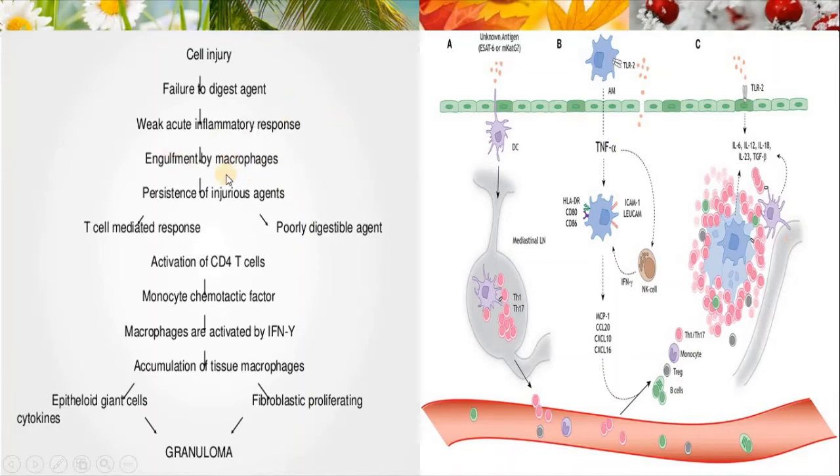So engulfed microorganisms like Mycobacterium tuberculosis within the macrophage remain intracellularly for a long time and proliferation occurs.